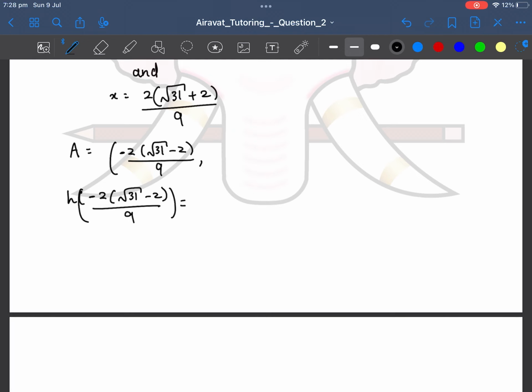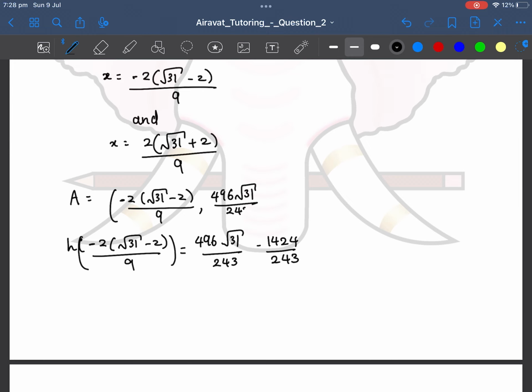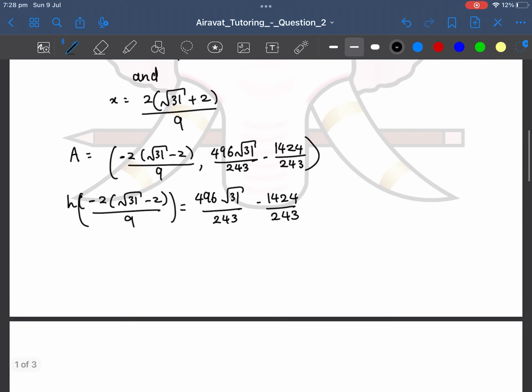Again, I did this on my CAS calculator, which would be 496 square root of 31 over 243 minus 1424 over 243. So that's our coordinate A, done and dusted.